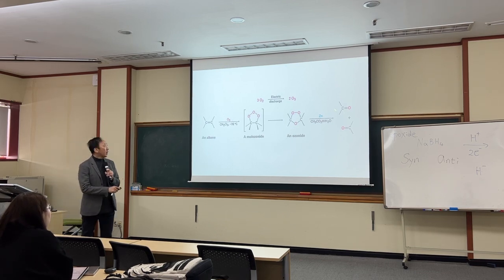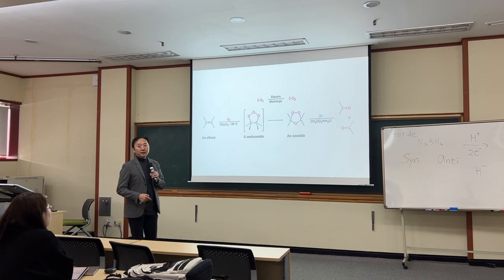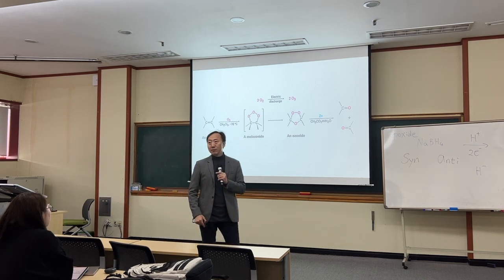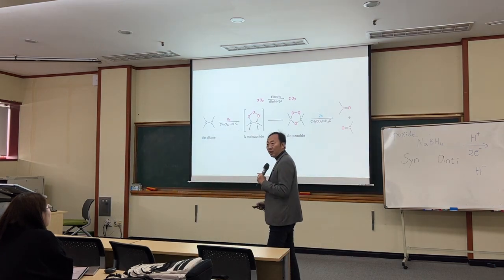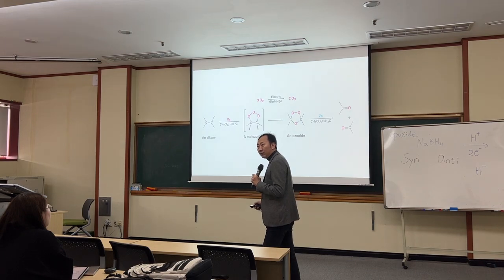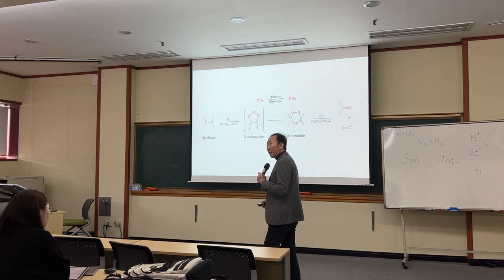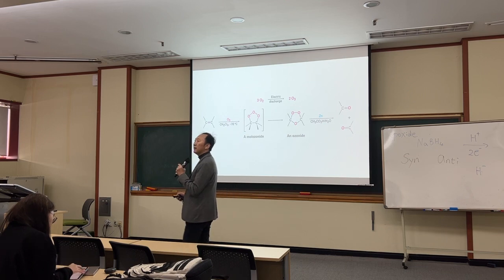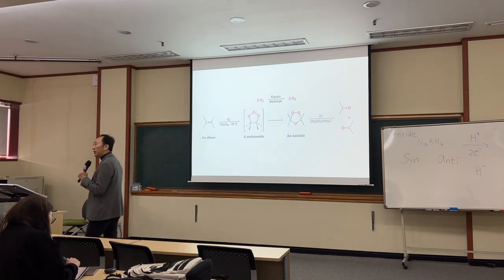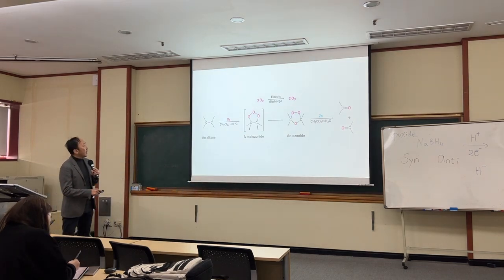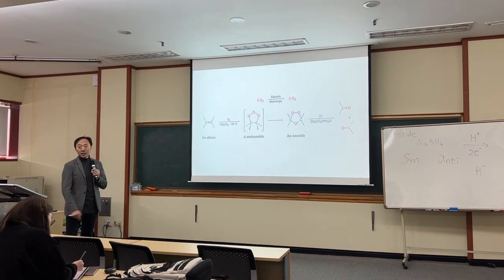In this case, you can do either reductive workup or oxidative workup. If you add zinc, this is reductive. Metal powder reduction. If you add metal powder as the reductive reagent, then only one oxygen is added at each position.